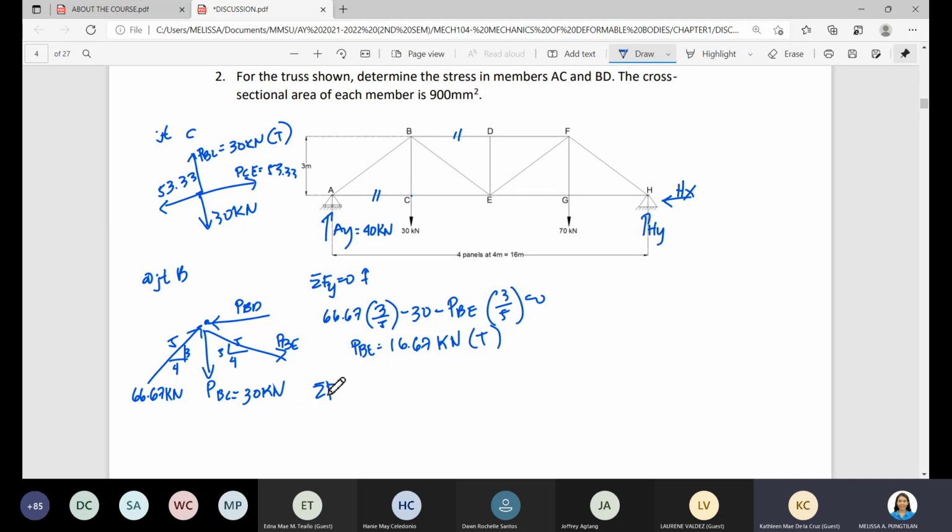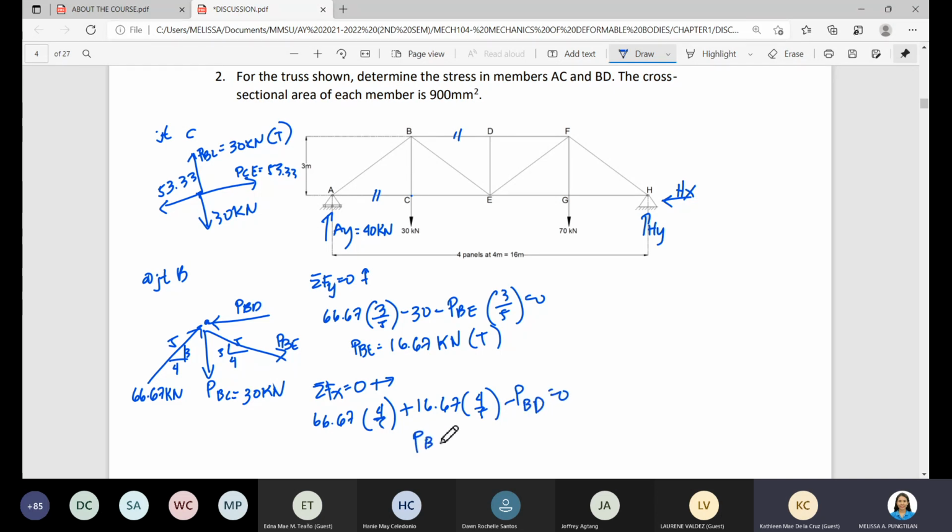Taking the summation of forces along x direction is equal to 0, to the right as positive. So meron tayong 66.67 of 4 all over 5. This one plus 16.67 of 4 all over 5 minus force BD is equal to 0.